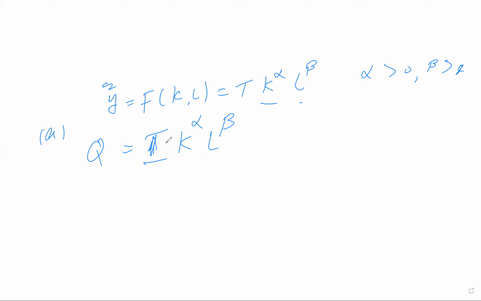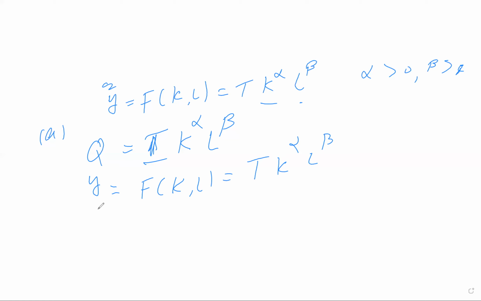So the question is asking how the output changes if the firm doubles its inputs. In order to do that, we need to follow these steps. We have y equal to F of K and L, the two inputs, and that is equal to T K to the alpha, L to the beta.